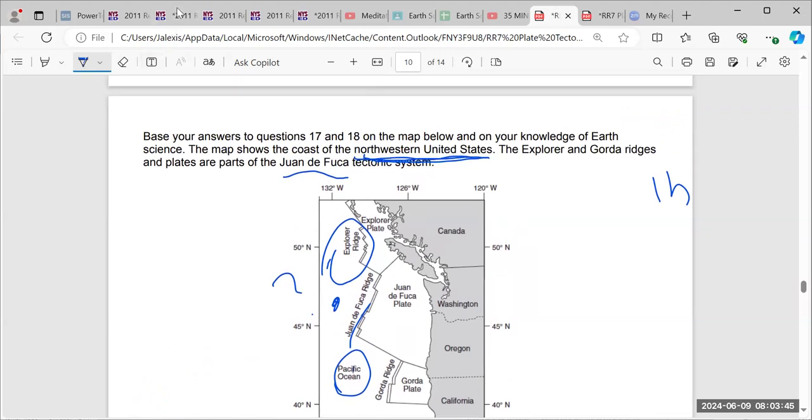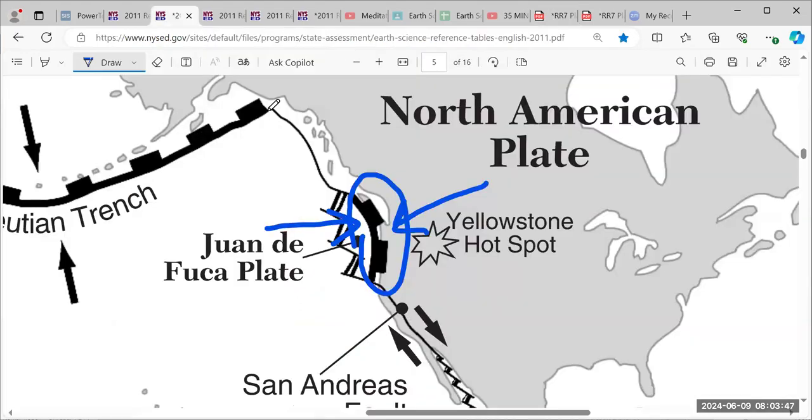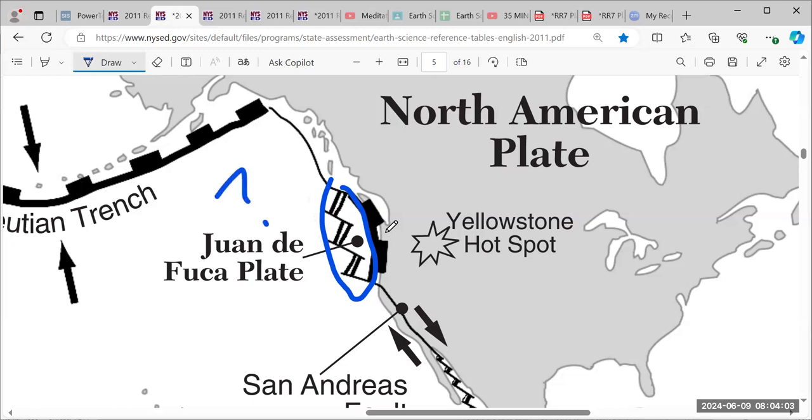So when I go to page 5, I'm going to find this area where all these things are going on, right? And one thing I notice, I see the same ridge right here. And so they want to know what plate is here. Juan de Fuca plate is where the dot is.